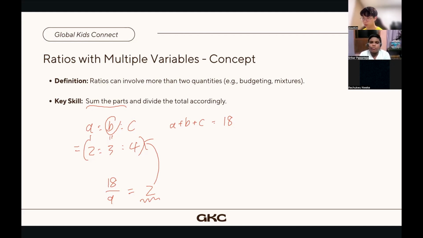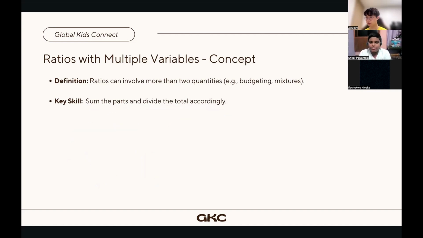And so if we multiply each side by 2, then we get the new ratio of 4 to 6 to 8. These new values represent the actual A value, the actual B value, and the actual C value. This is what is meant by the key skill of summing the parts and dividing the total. And so, any questions for this concept before we move on?